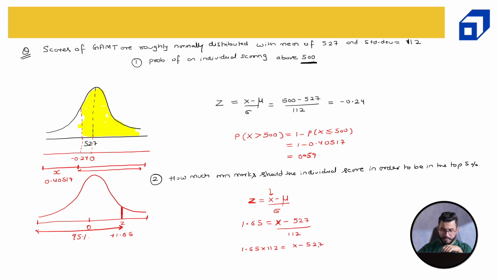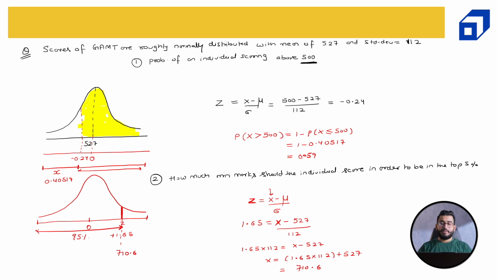So my x will be 1.65 multiplied by 112 plus 527, and this would be 710.6, which basically means the person has to score a minimum of 710.6 so that the person can lie in the top 5%, and below that person I am having 95% of the observations.